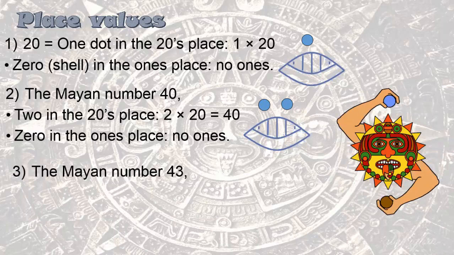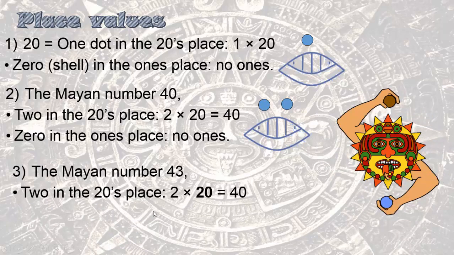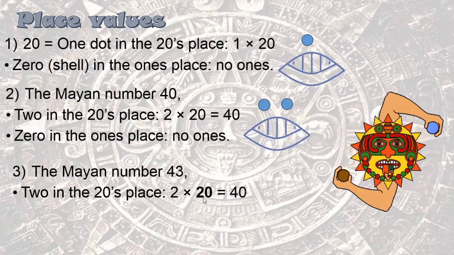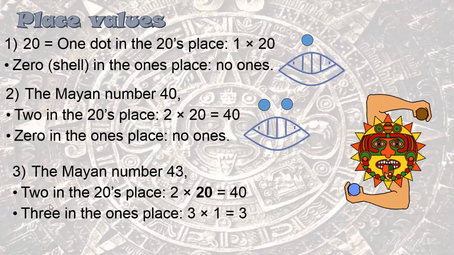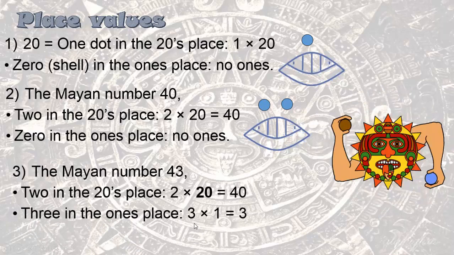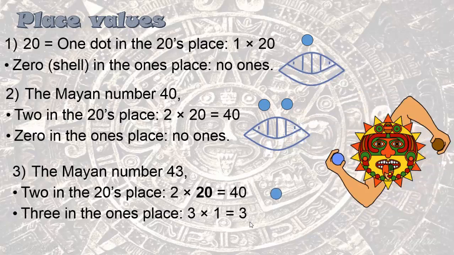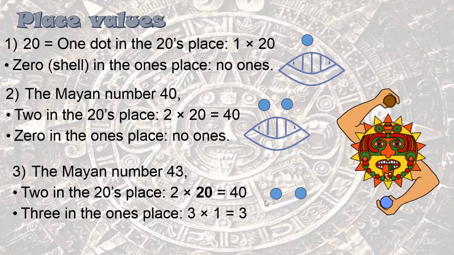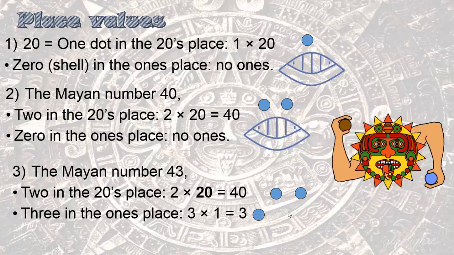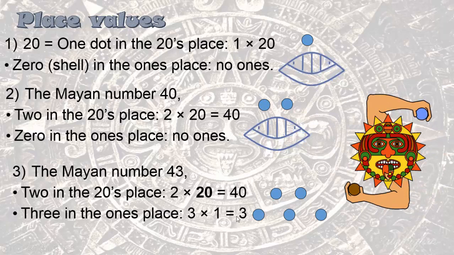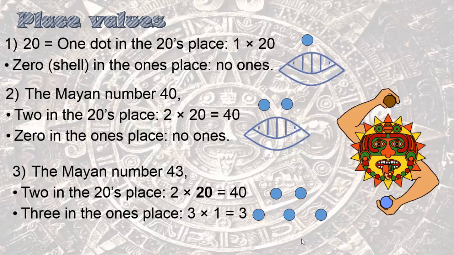The Mayan number for 43 would be 2 in the 20s place because 2 times 20 is equal to 40, and then 3 in the 1s place because 3 times 1 is equal to 3. So here we have the 2, 2 times 20 is 40, and then we have 1, 2, 3 for 3, so 40 plus 3 will give us 43.